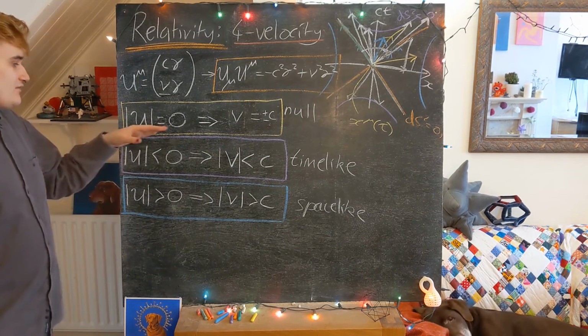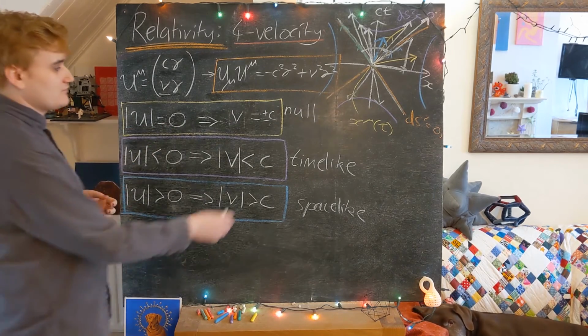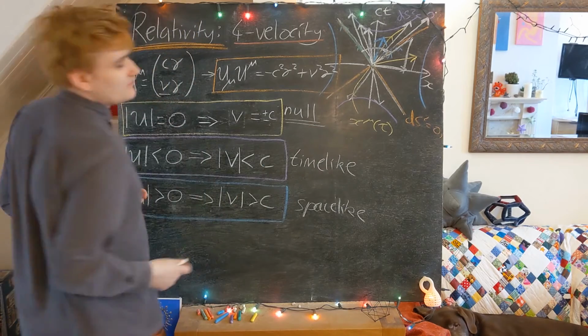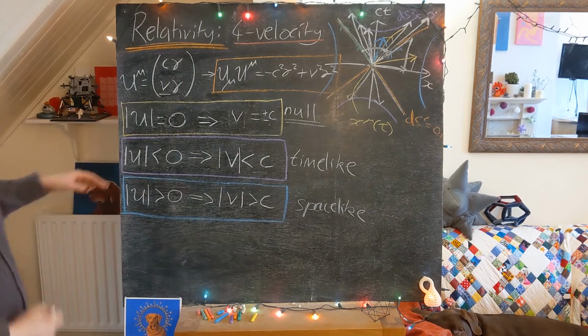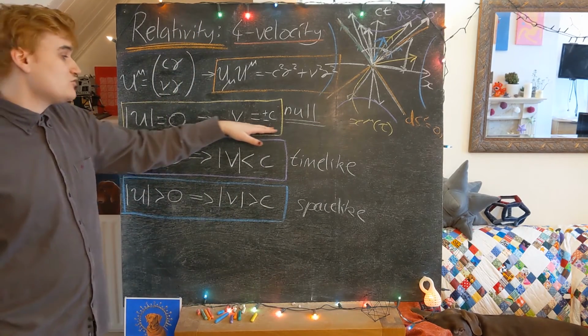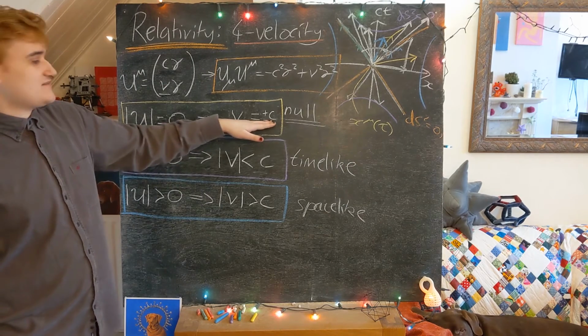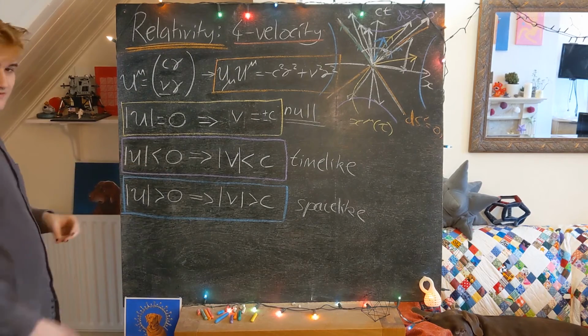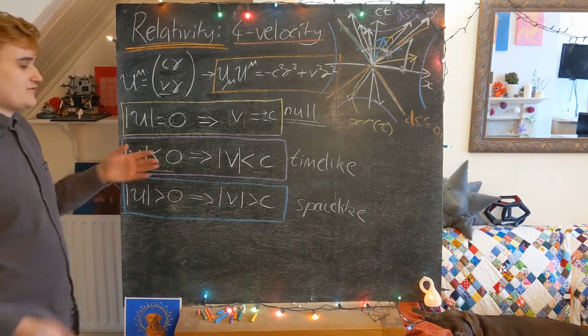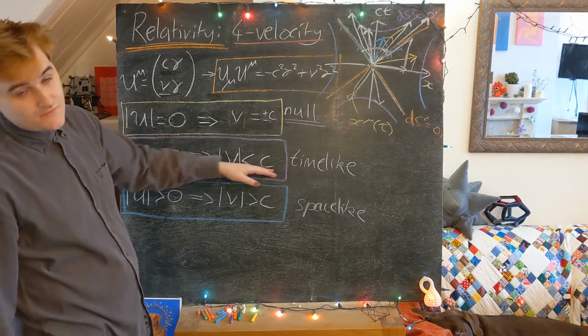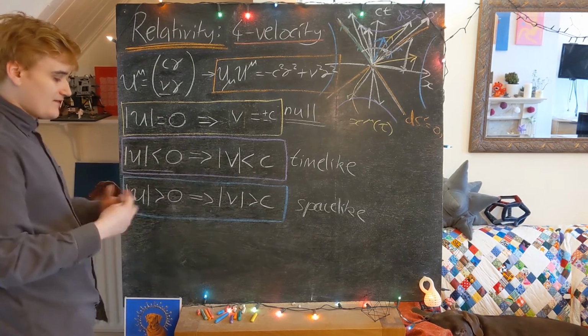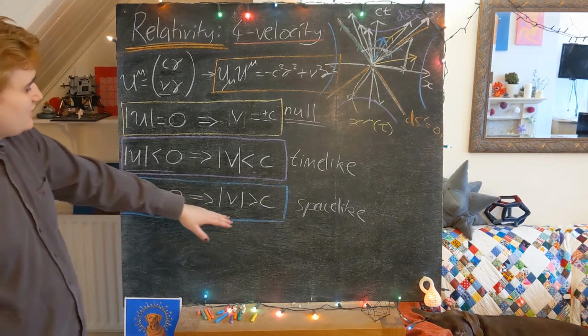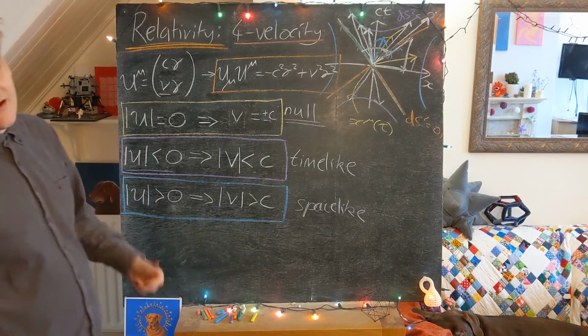If the length is 0, what we would refer to as a null character forward velocity, your coordinate velocity is always fixed to be equal to this constant c. If the length is negative, your coordinate velocity is always fixed to be less than c. And likewise for positive, your velocity always has to be greater than c.